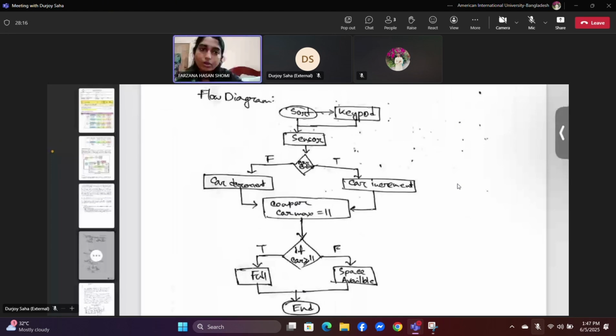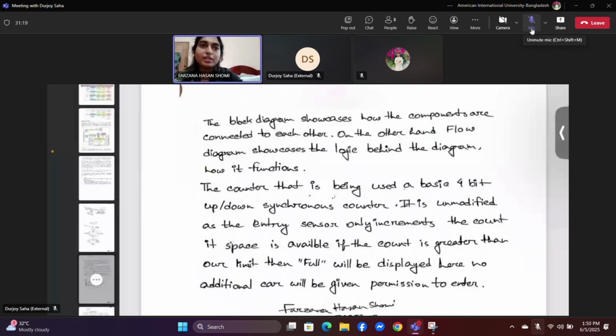This system helps efficiently manage a small parking lot by using sensors, timers, and logic to show real-time status. This part of the explanation focuses on the technical functionality of our parking system using both the block diagram and circuit diagram.